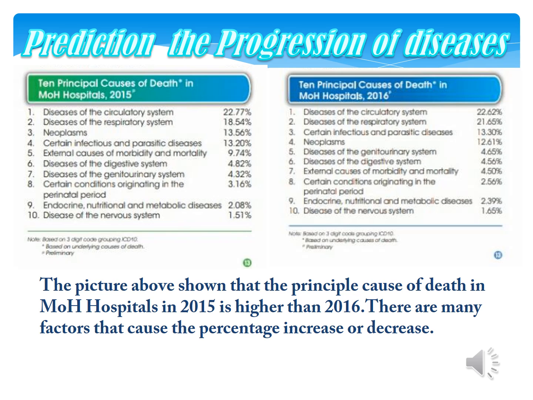However, the picture shows that the principal causes of death in MOH hospitals in 2016 caused a lower percentage of death than in 2015. It means the Ministry of Health has taken necessary prevention measures. Thus, we can predict that the deaths caused by the principal causes of death in 2015 and 2016 will reduce.